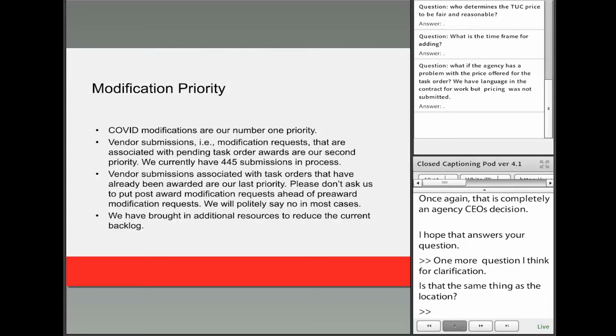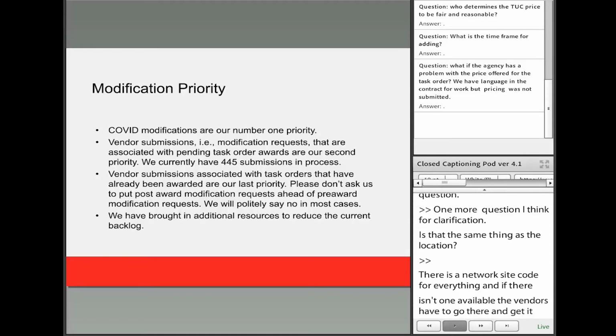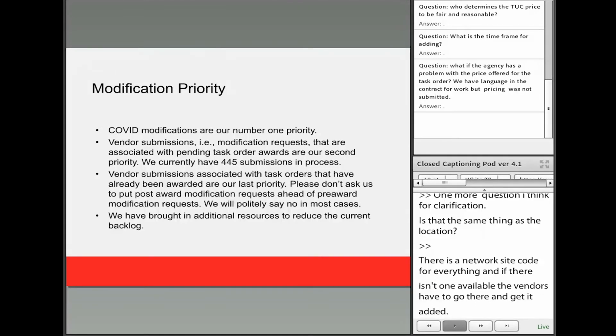And if there isn't a network site code available for it, the vendors have to go to iConnective and get it added. And then could you talk a little more about when an agency is evaluating a proposal, how do they verify that all NSCs and CLINs are on the contract?